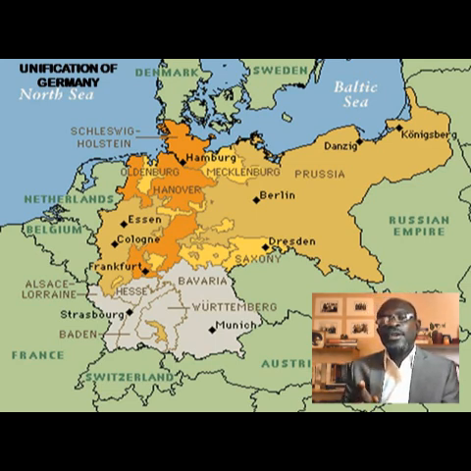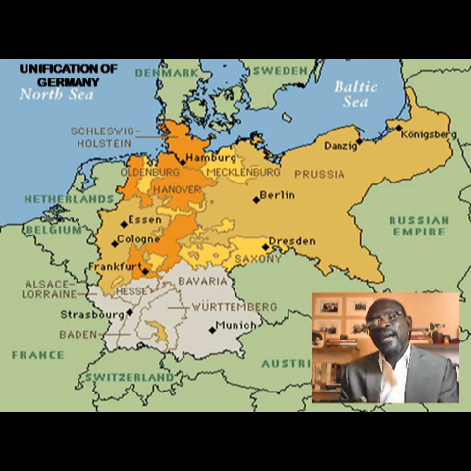And also, if you remember clearly, I noted the fact that we should pay attention to Bismarck's play of diplomacy during the Austro-Prussian War, because after the defeat of Austria, Bismarck insisted that there was no attempt to disgrace Austria in that process.